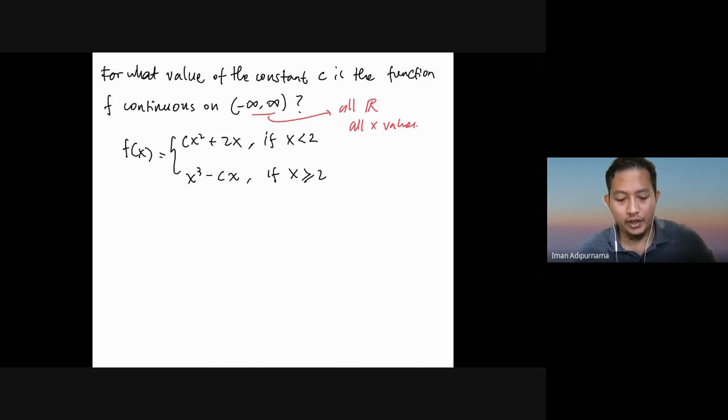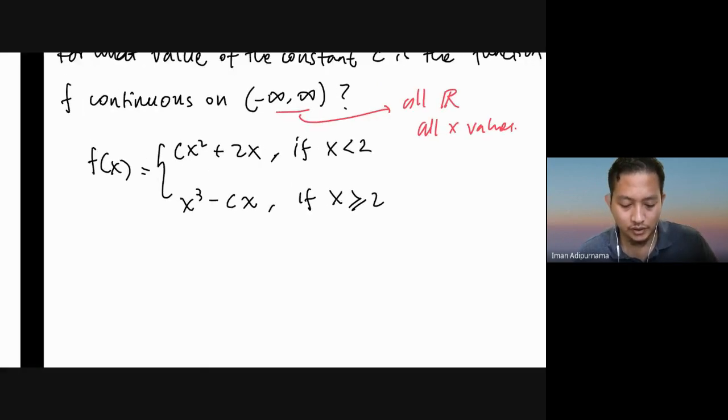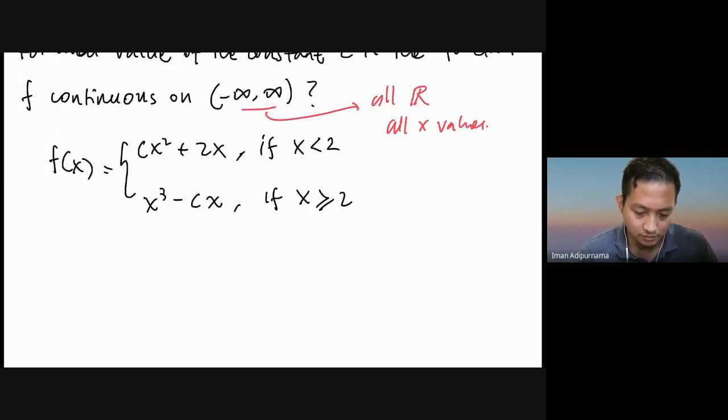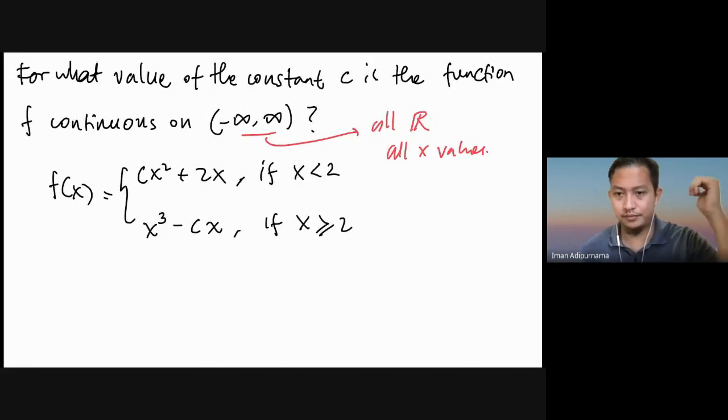You have a piecewise function: cx squared plus 2x when x is less than 2, and x cubed minus cx when x is greater than or equal to 2. Let me give you a few minutes to try this.